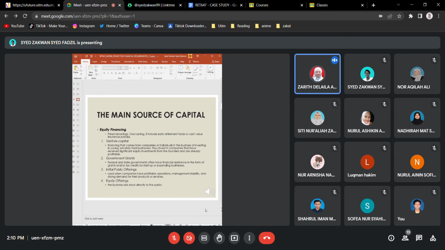Or we can get money, capital from the government grants. We can get a lot of opportunity, especially from the federal and state government, where usually the government provides the initiative for the young entrepreneur to start the business. Jadinya dia akan bagi grant. Itu antara source of capital lain. And then we also can get from the initial public offering.